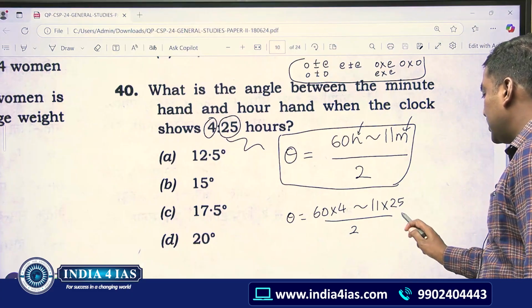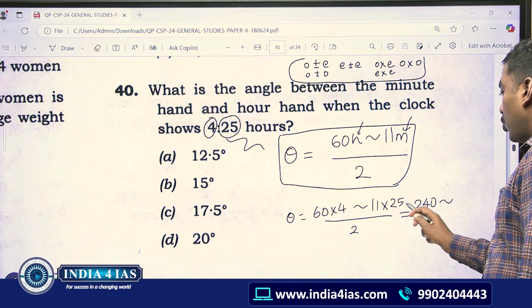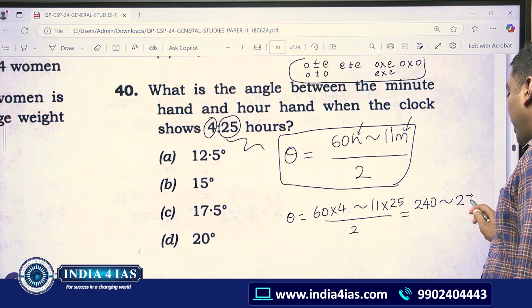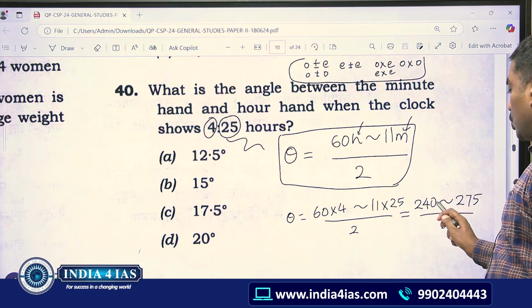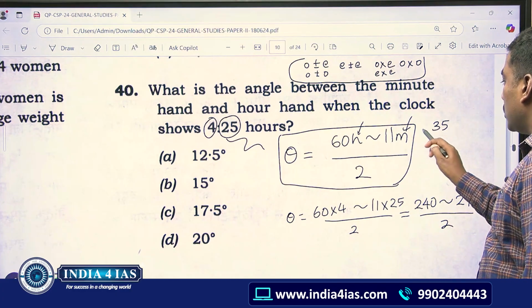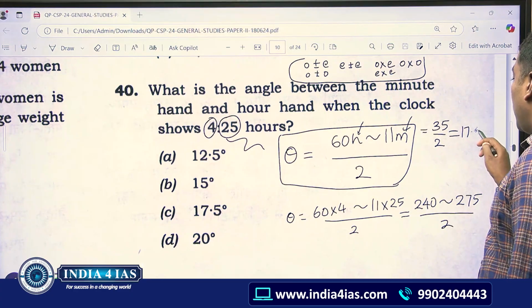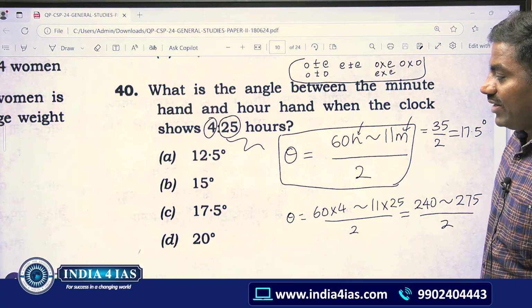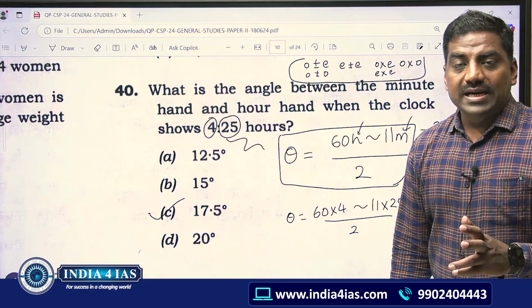So this is 240 minus 25 into 11, which is 275, divided by 2. The difference between 240 and 275 is 35. 35 divided by 2, so we get 17.5 degrees. 17.5 degrees is the angle between the minute hand and hour hand.